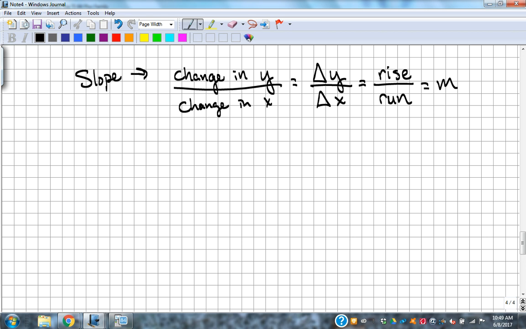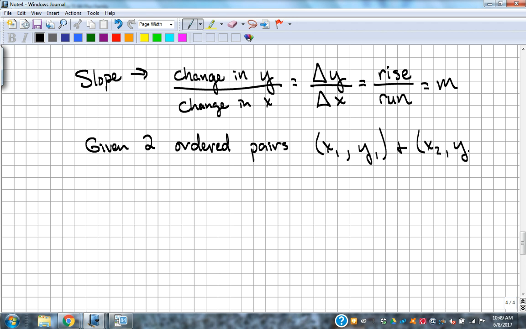The thing we're going to be working on in this section is if you're given two ordered pairs, x1, y1, and x2, y2, the slope formula is y2 minus y1 over x2 minus x1.